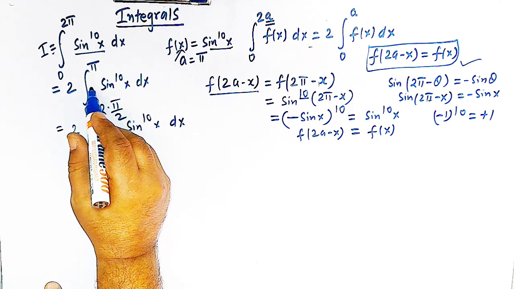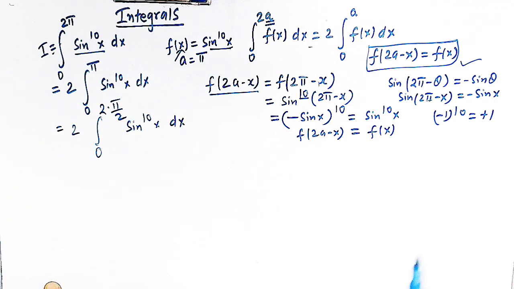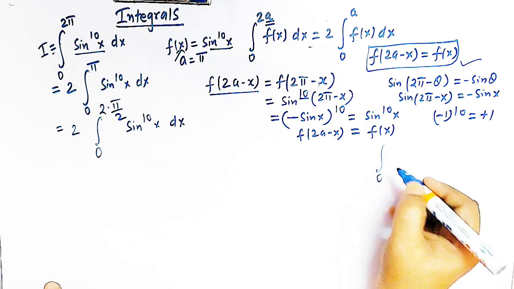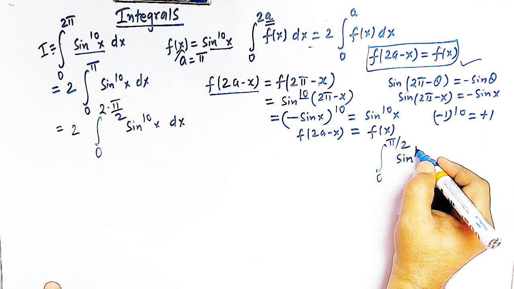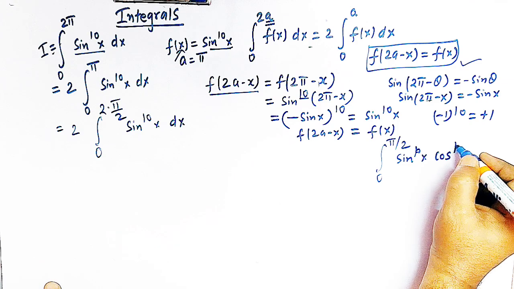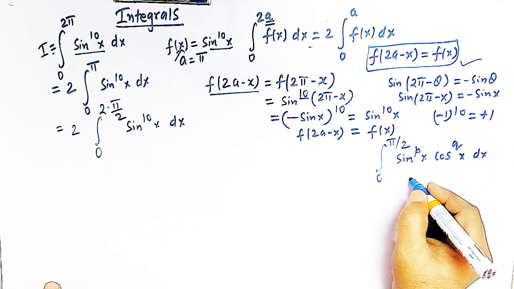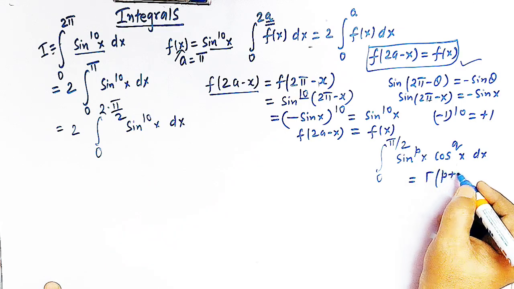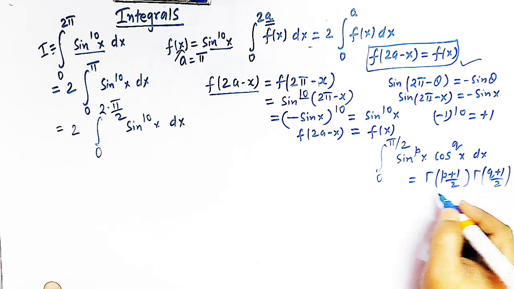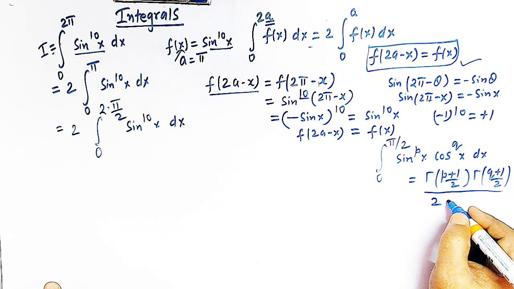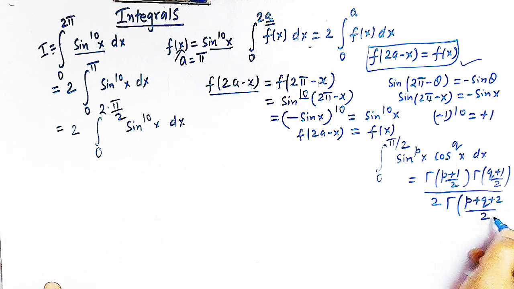Now the purpose of writing this integral in this form is to convert this integral into this form, that is 0 to pi by 2, and here we have sine to the power p x, and then we have cos to the power q x, that is equal to gamma of (p plus 1) over 2, gamma of (q plus 1) over 2, and we have here 2 times gamma of (p plus q plus 2) over 2.